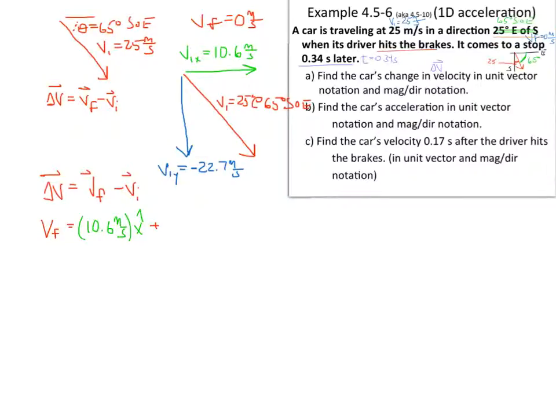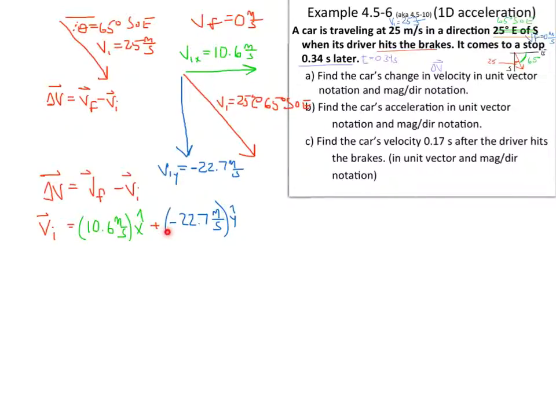Well, it's going to be negative 22.7 meters per second y hat. All right. Oh, wait a minute. Is that our initial? I'm sorry. I took all the time rewriting the f for final, and it's not even final, right? That's our initial velocity. V initial is that, and that's what we took all this time illustrating up here: V initial x, V initial y. That's our V initial in unit vector notation.